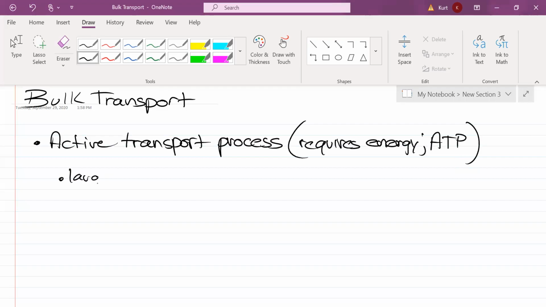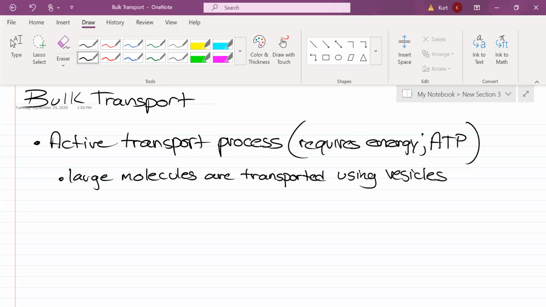So the deal here is large molecules, and we're talking like macromolecules, proteins, lipids, carbs. Large molecules are transported using vesicles. I think it would be important to rehash what a vesicle actually is.